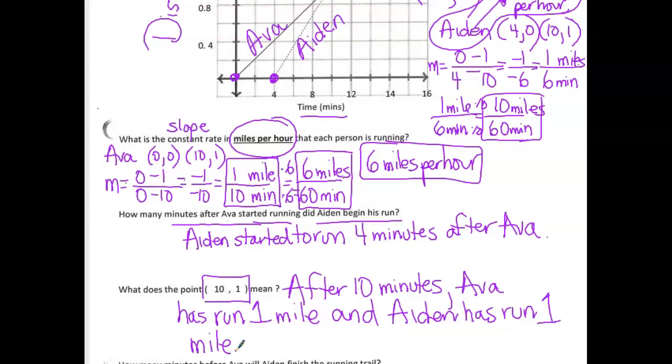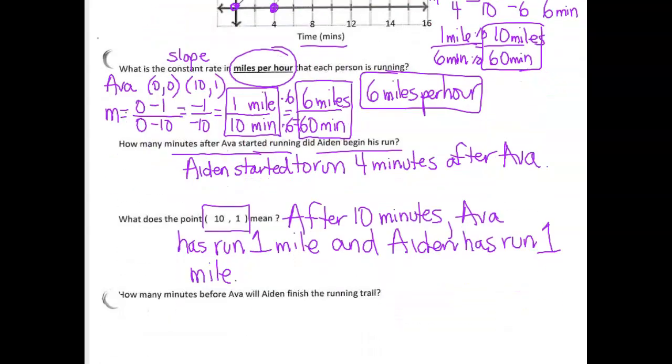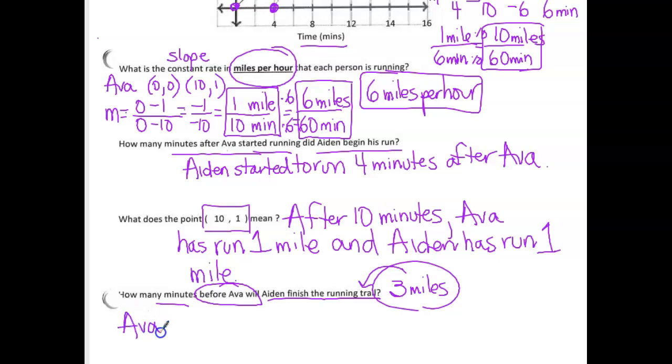And then the last question says, how many minutes before Ava will Aiden finish running the trail? So you have to know how long the trail was. At the beginning it said the trail was 3 miles long. You have to use that information. So I'm going to go over here to the left. Ava goes 1 mile in 10 minutes.